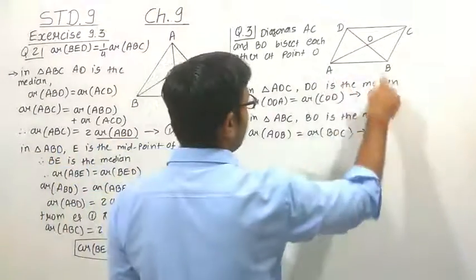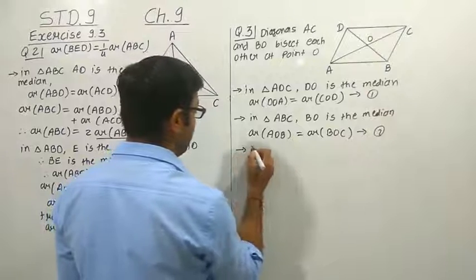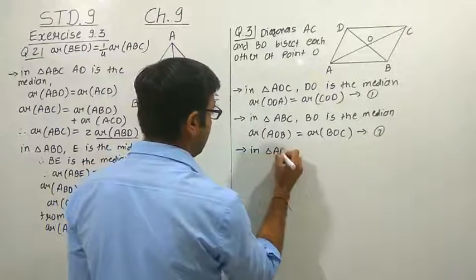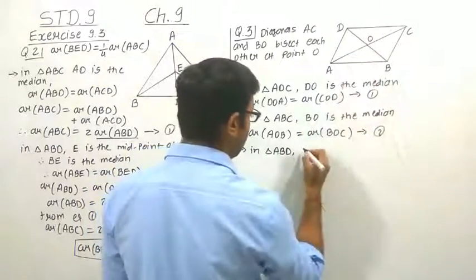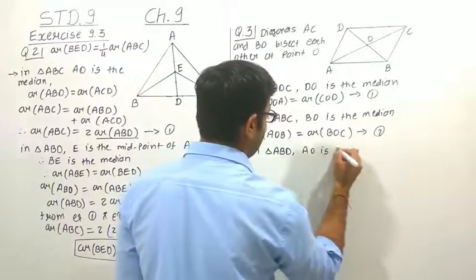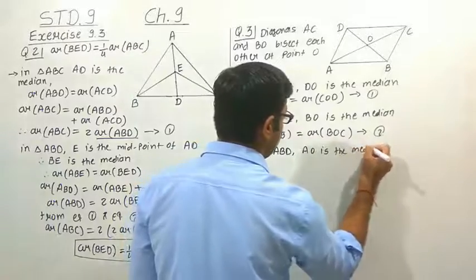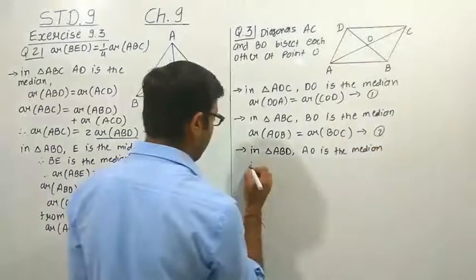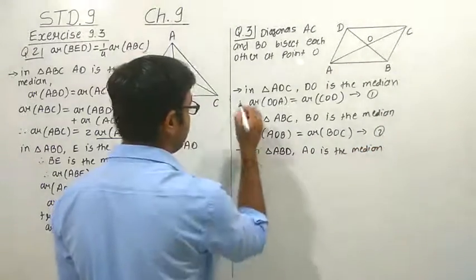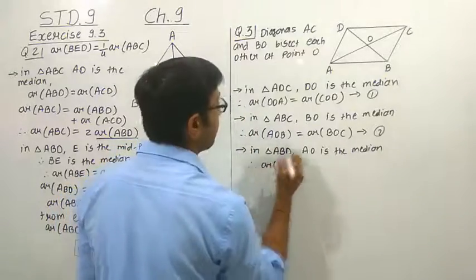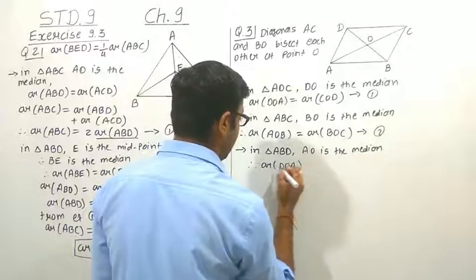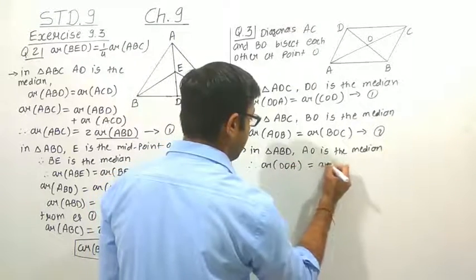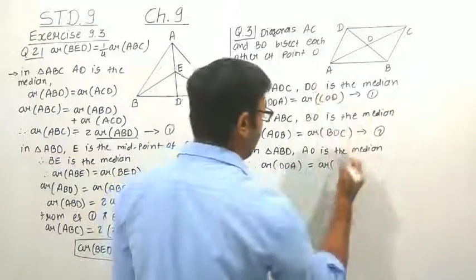Now consider this triangle ABD, right? So now in triangle ABD, AO is the median, and therefore we can write down that area of this triangle DOA is equal to area of AOB.